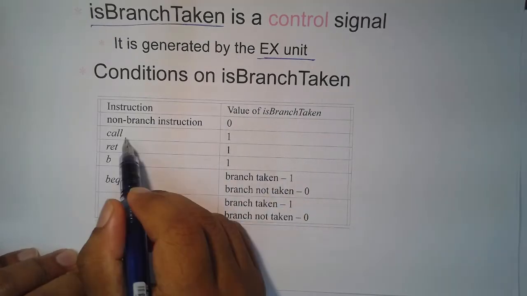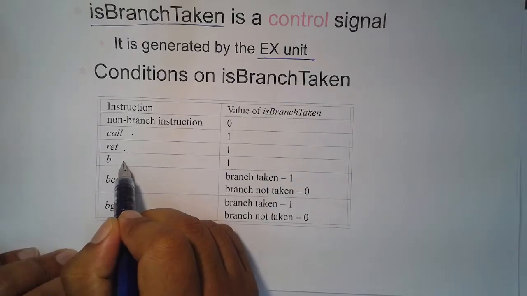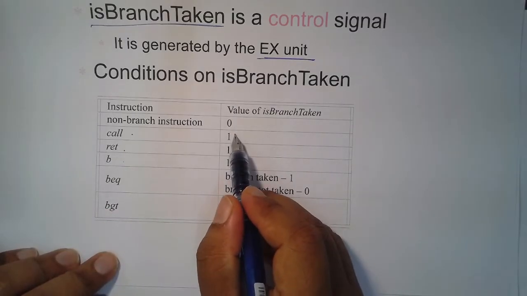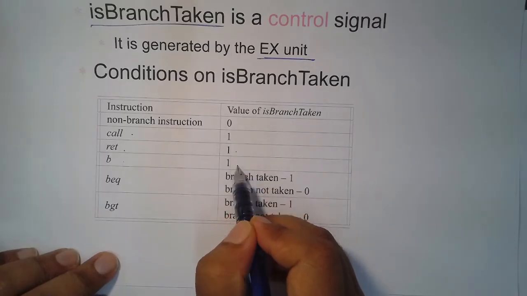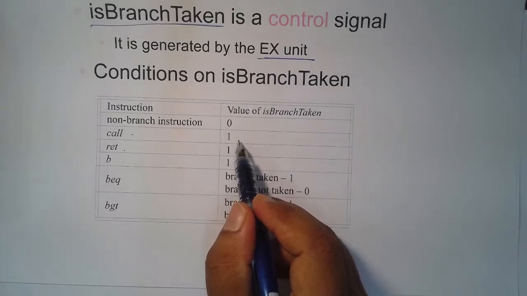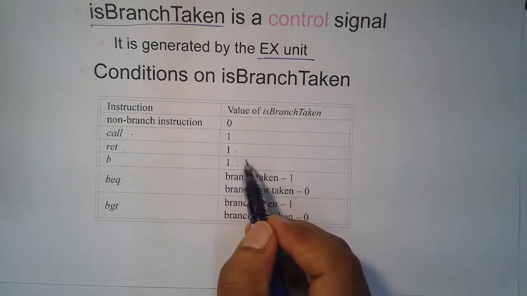There will be some unconditional branches like call, return, branch, etc., for which we know that the outcome of the branch is always taken. So, in those cases is branch taken will always be high, so that you select the PC appropriately.